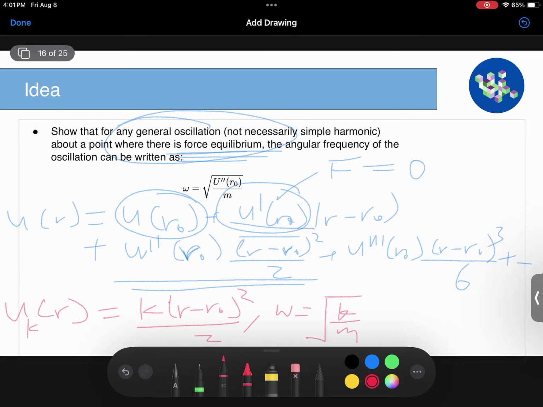If we're only looking at the second order term, we're approximating the oscillation as roughly simple harmonic. Remember, I'm saying it's a general oscillation, except around the equilibrium point, if my displacement is very, very small, then I can approximate it as simple harmonic oscillation. Then I can treat it as if it's sort of like a spring.